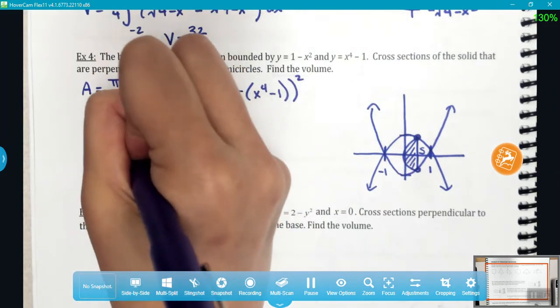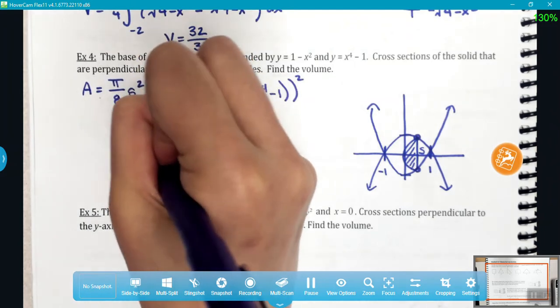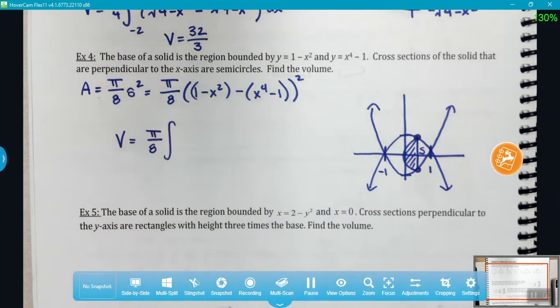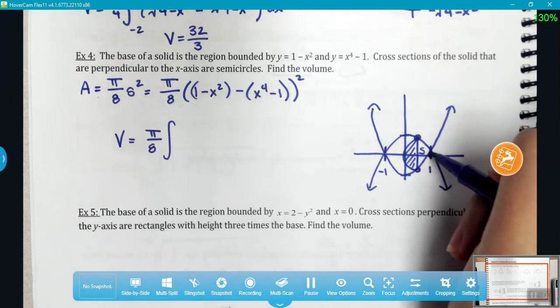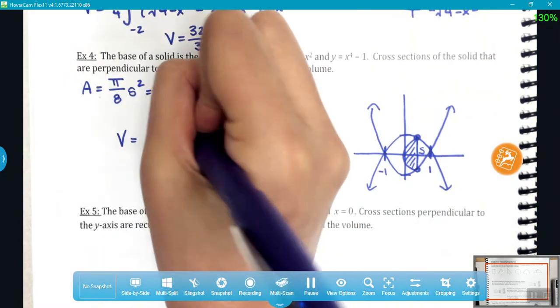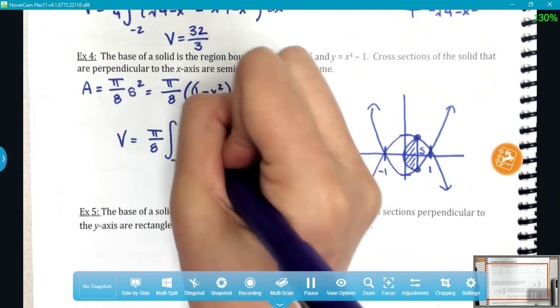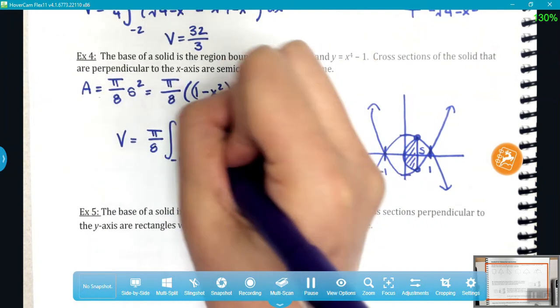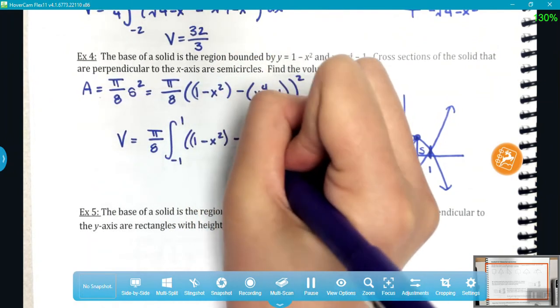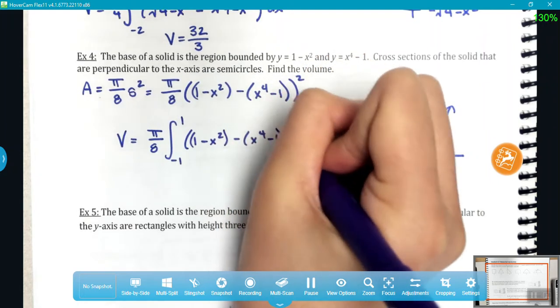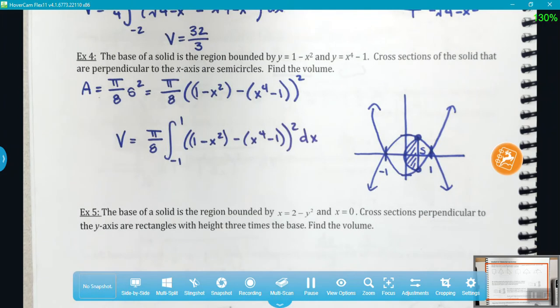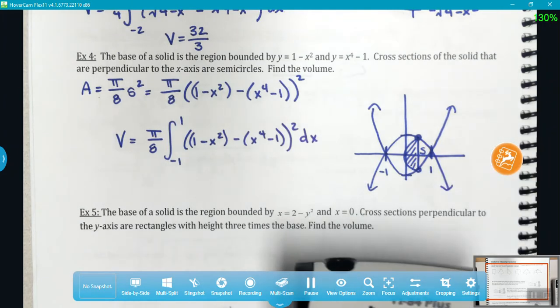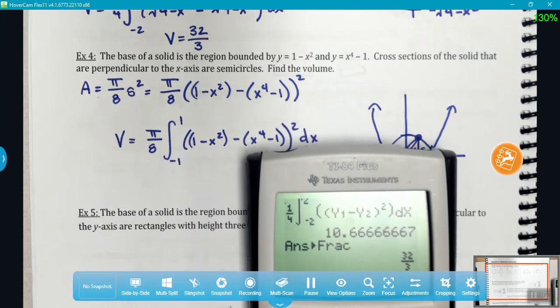And then volume is pi over 8 integral. We're starting at -1 and we're going to 1. Okay, so the nice thing is if you plug them in as y1, y2, you don't have to worry about all these parentheses.